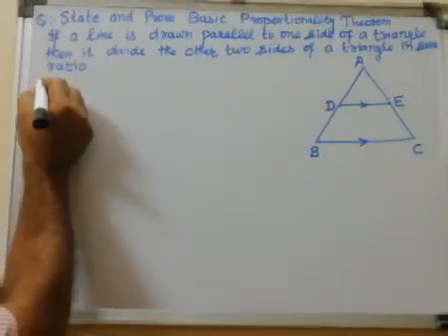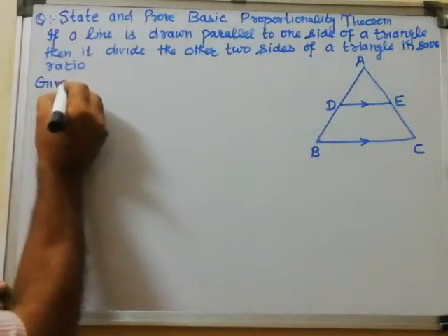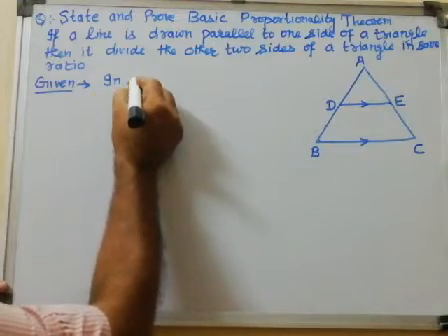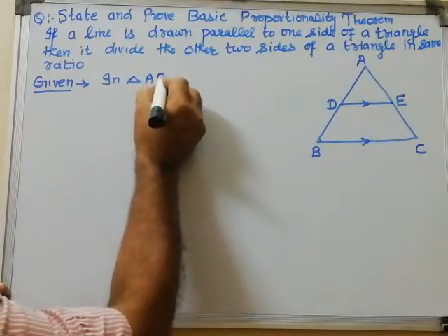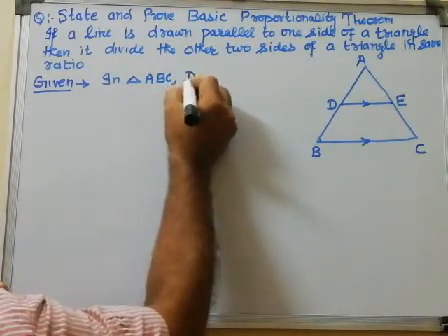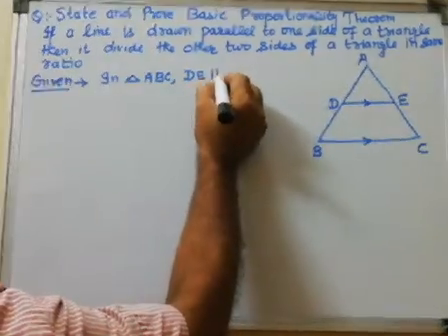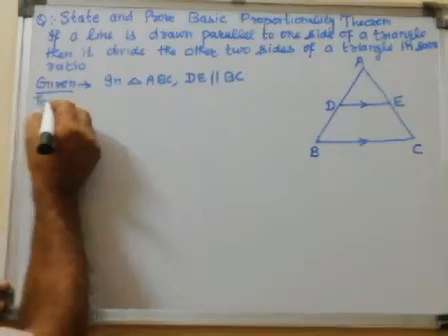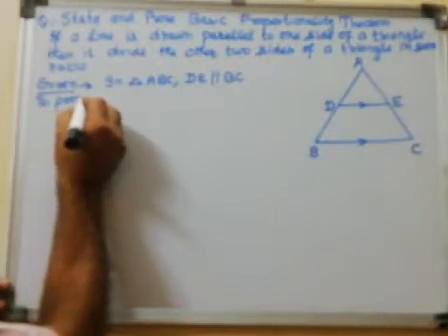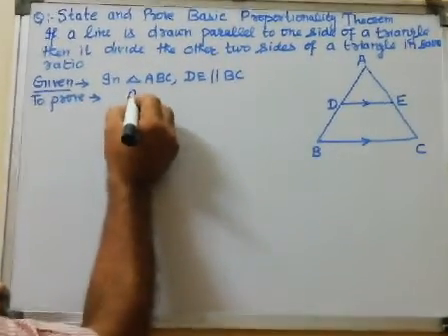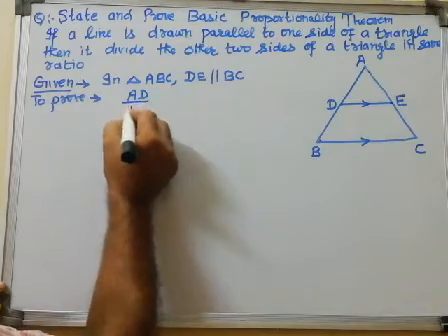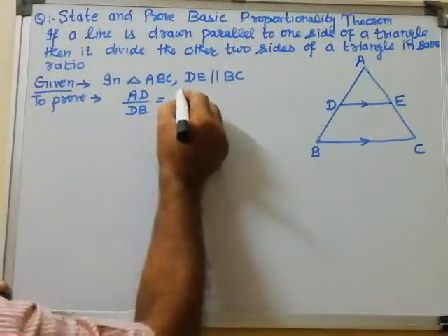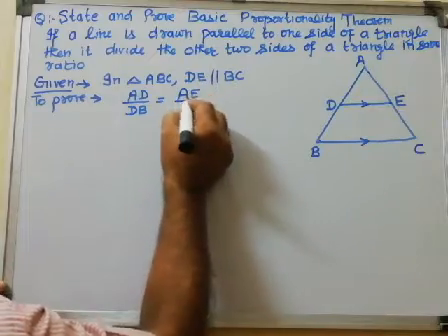Okay, so what is given? In triangle ABC, DE is parallel to BC. We have to prove AD over DB equal to AE over EC.